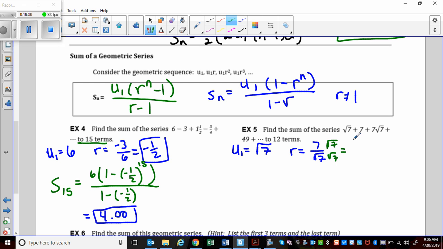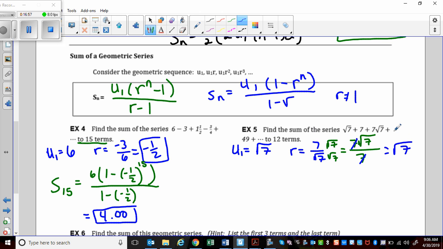I'll show you. 7 square root of 7 is 7 square root of 7. We cannot multiply those. Divided by, this is now 7, so the 7s will cancel. It's equal to 1. Anything over itself is 1. So I'm just given the square root of 7. It's my ratio. Or the square root of 7 over 1, if you would like that.